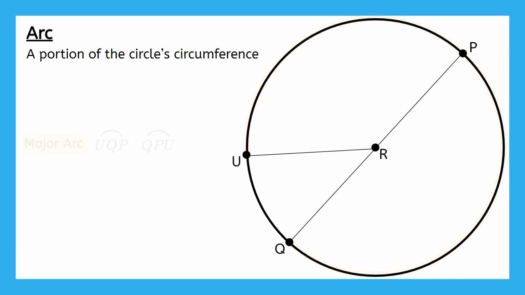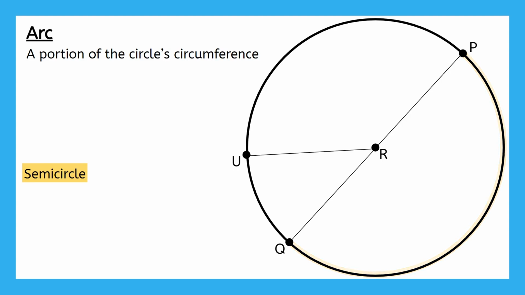The final type of arc is called a semicircle. Any guesses what a semicircle is in relation to arcs? It's an arc that goes exactly halfway around the circle and has endpoints on a diameter of the circle. Can you name a semicircle here? If you said PQ or QP, did you mean this half of the circle?